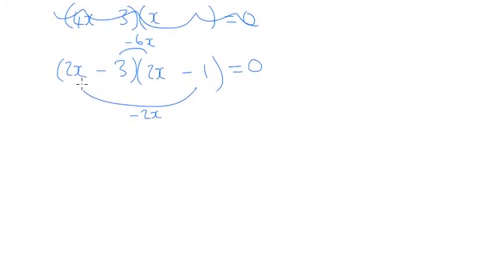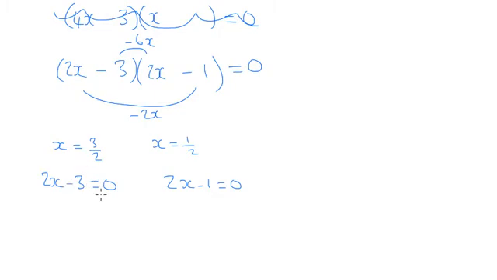What that then means is x is either equal to 3 over 2, or x is equal to a half. If you're not sure where I've got those two numbers from, what I've done is I've solved when each of the brackets is equal to 0.